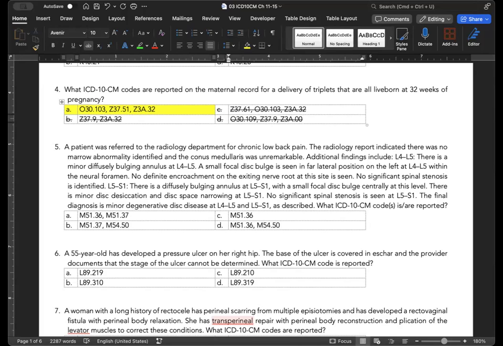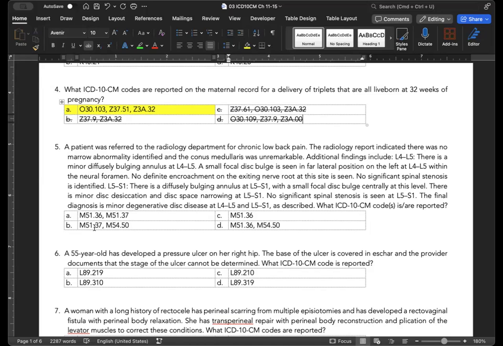So we have three that have M51.36, but we have two that have M51.37. Since those are right next to each other, let's go take a look at those codes. M51.36 is other intervertebral disc degeneration at the lumbar region, and 37 is other intervertebral disc degeneration at the lumbosacral region.